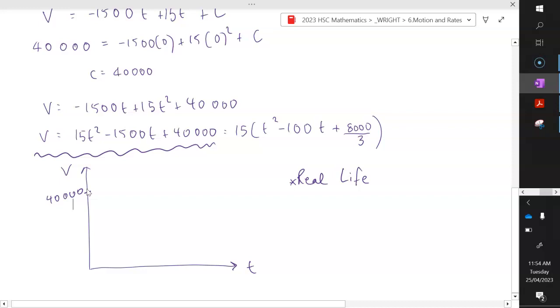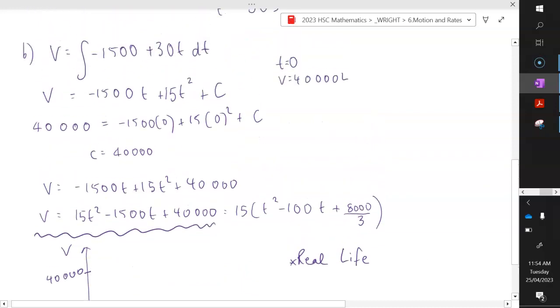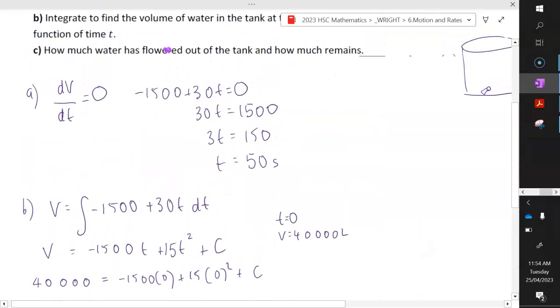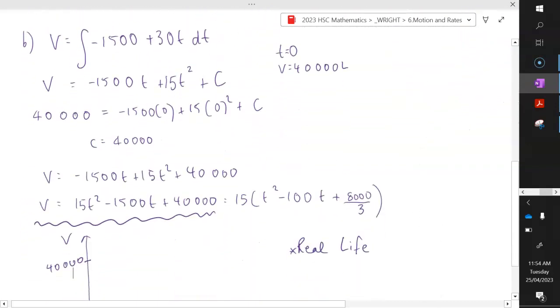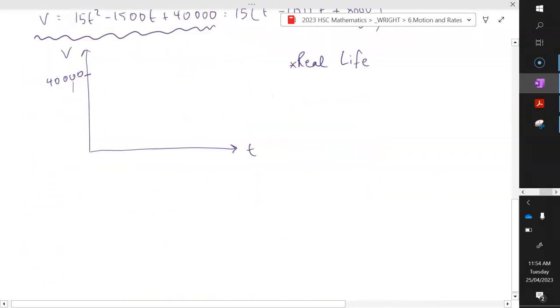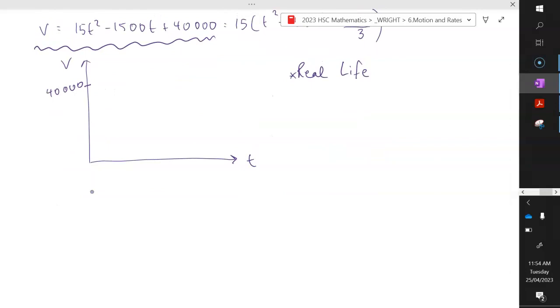We don't want values higher than 40,000. So that's going to be our capped value for our volume. But we also found out at the start that it said, when does the water stop flowing? It stops flowing at 50 seconds. So that's where we're interested in looking at as well, is the 50 on the time.